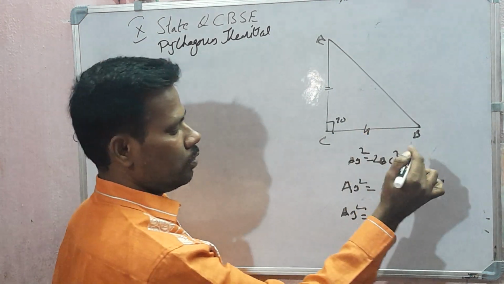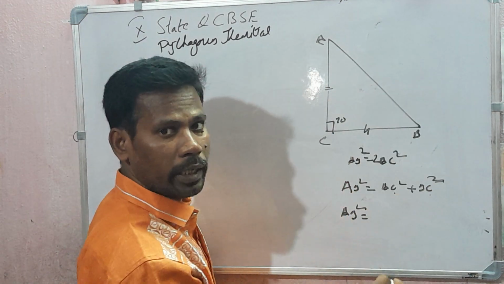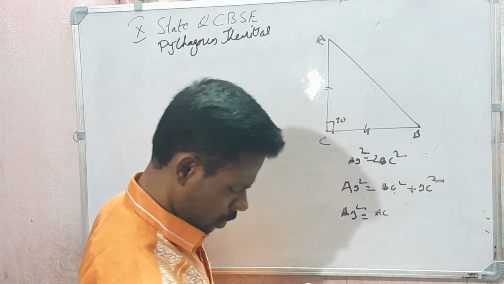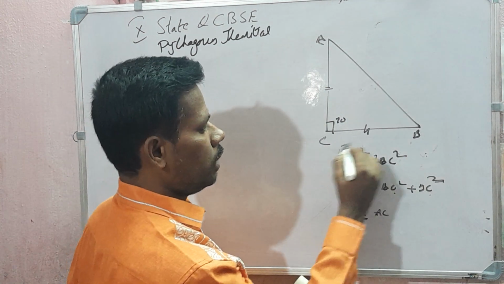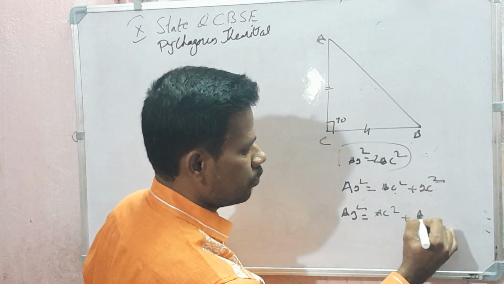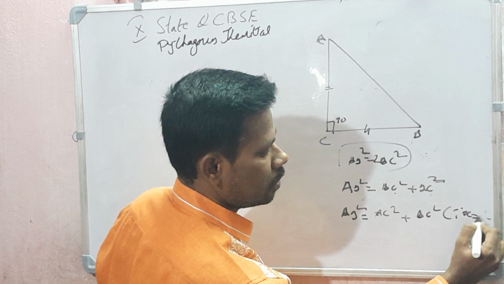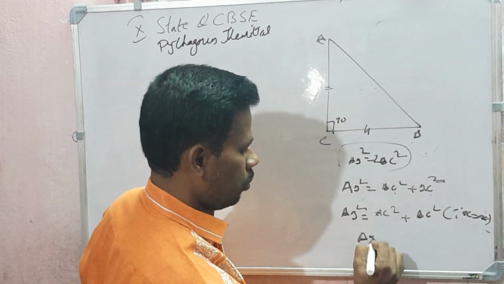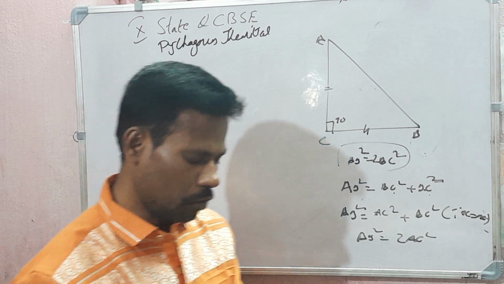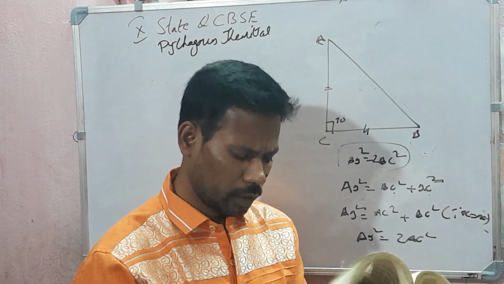AC is equal to BC, no? Since it is a right isosceles triangle, therefore what we have to prove: twice AC square. BC is nothing but AC, since BC is equal to AC. So AB square is equal to 2 times AC square. Therefore, that is the problem. Next one.